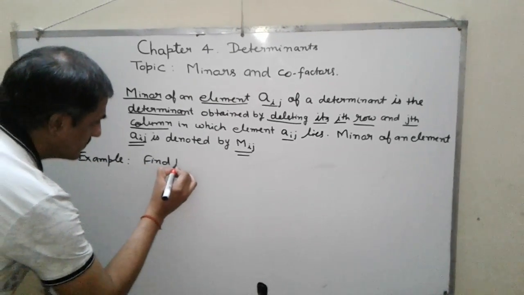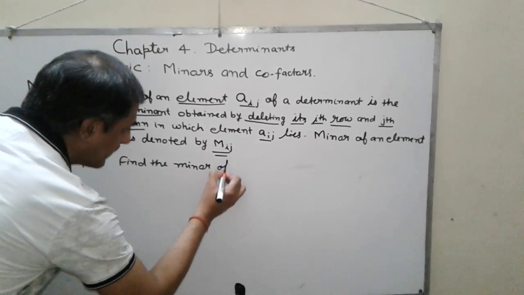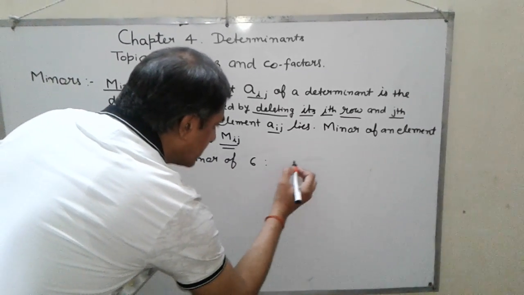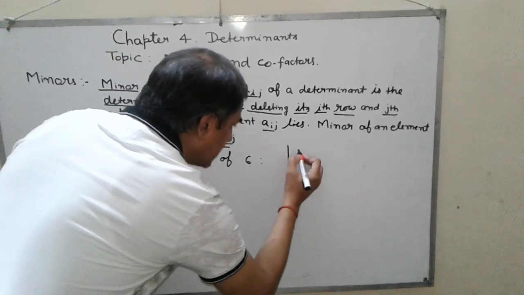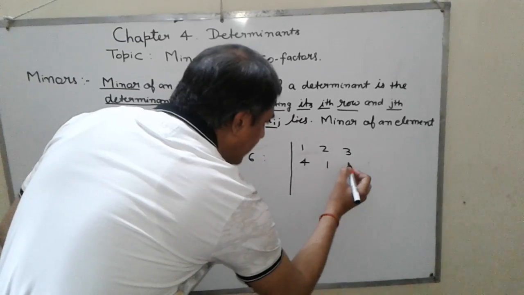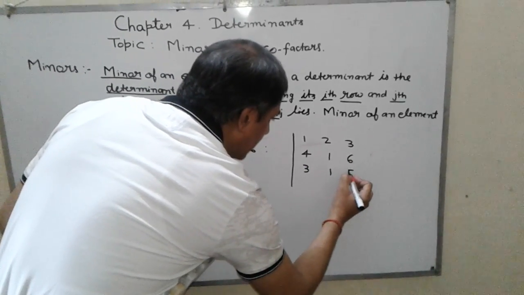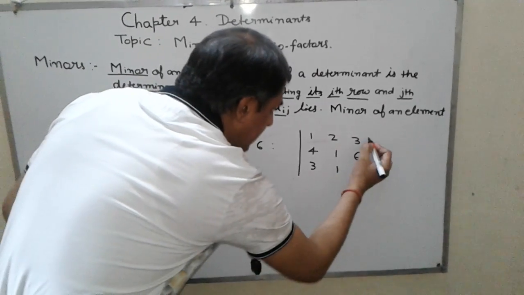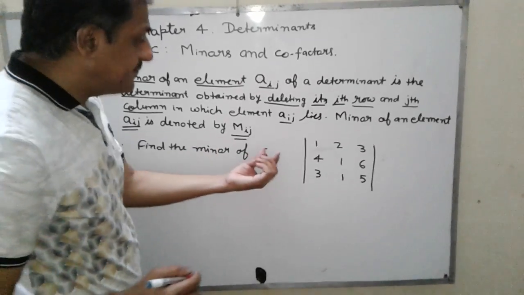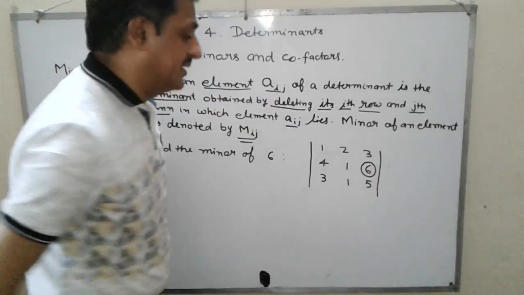Find the minor of 6 of this determinant: 1, 2, 3, 4, 1, 6, 3, 1, 5. Here we are going to find the minor of 6.